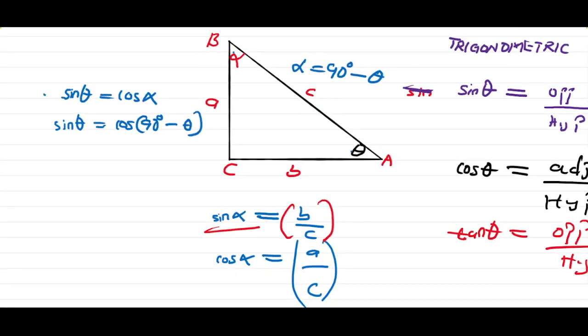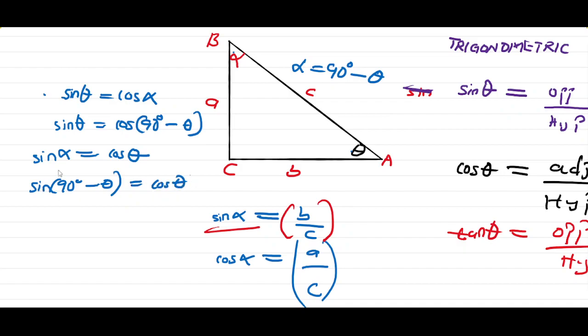So sine alpha equals cos theta. Now that should tell us that sine of 90 degrees minus theta is the same thing as cos theta.